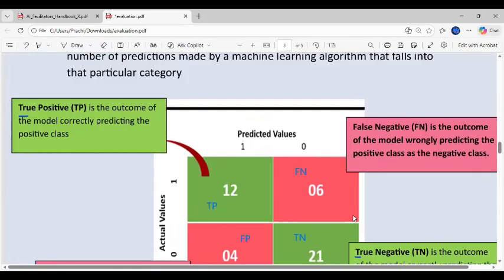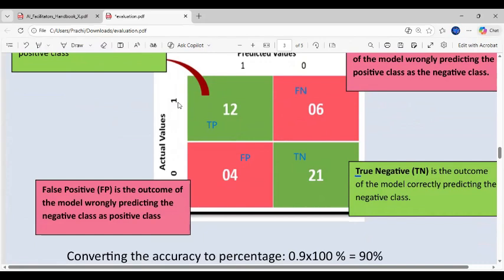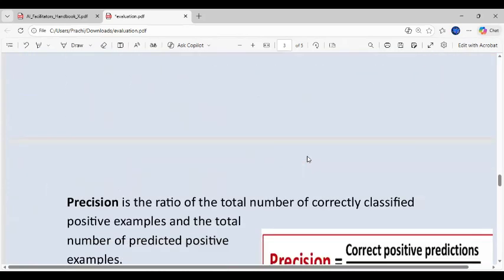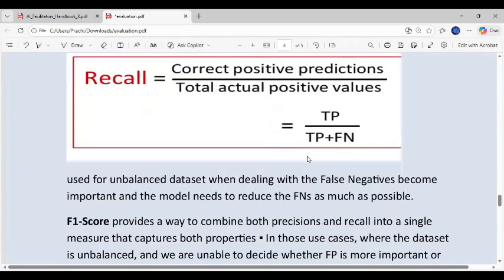These are the actual positive values. If you remember, the prediction and actual values were both positives. Okay? So it is TP plus FN in the denominator. Recall is hopefully clear to you. Again, unbalanced data set, but here we are dealing with the false negative cases, which have to be reduced by making some amendments in the model.